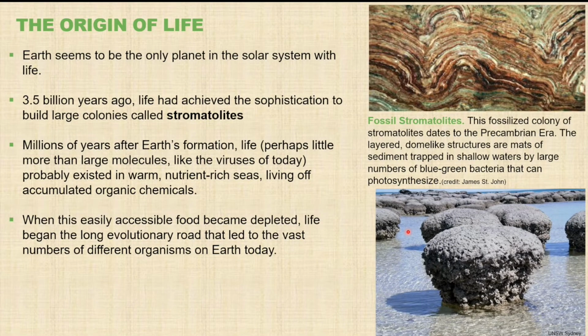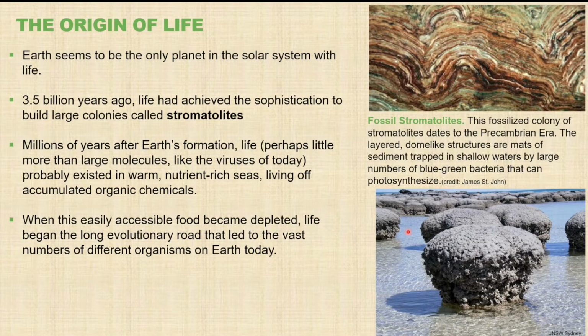So Earth was formed 4.5 billion years ago. Okay. And about 1 billion years later, the first sophisticated microorganism was formed from the amino acids within the water, and these are called stromatolites.